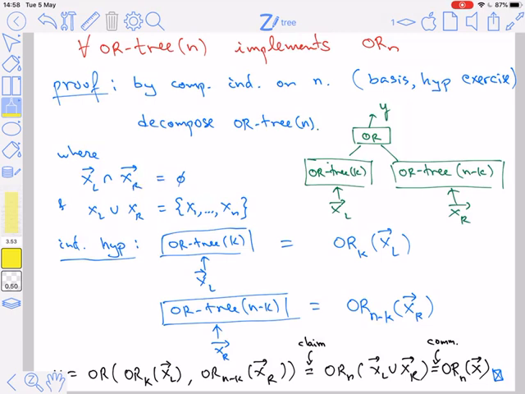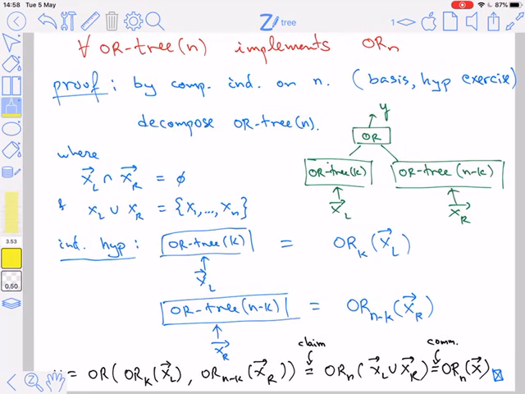Good. Now the induction hypothesis, when applied to the left subtree and the right subtree, tells us that the left subtree implements the OR k over the bits of XL, and the right subtree implements OR of n minus k over the bits of XR. Okay, so what does y equal?